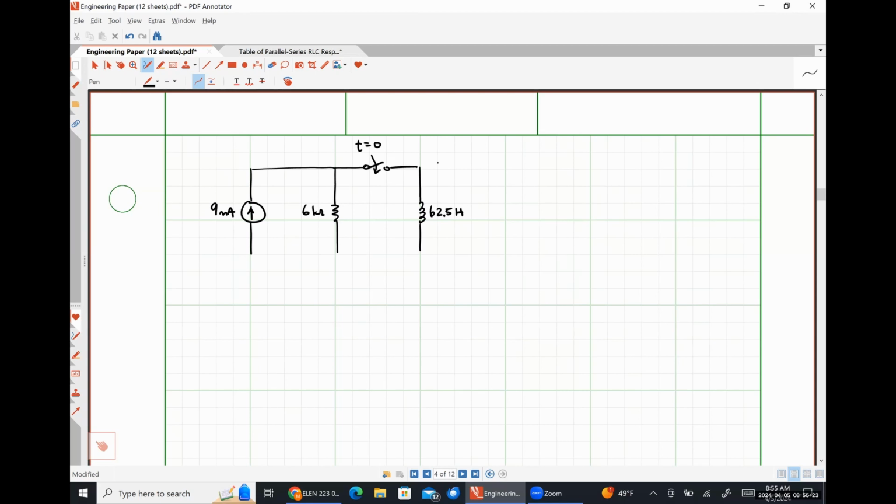Just using the values in this textbook, that seems like an excessively large inductor to me, but it is what it is. A 2.5 microfarad capacitor. Three kilo ohm resistor, and a 15-volt source over here.